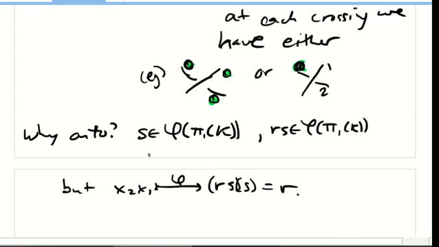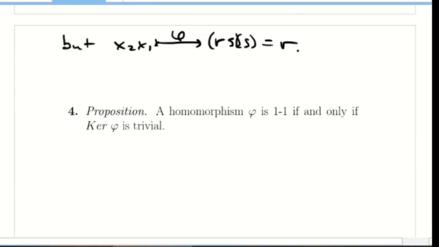So we have definitely all the generators are in the range, so we know it's onto. Why is it operation preserving? Well, it is if we have this. And so what's the upshot?